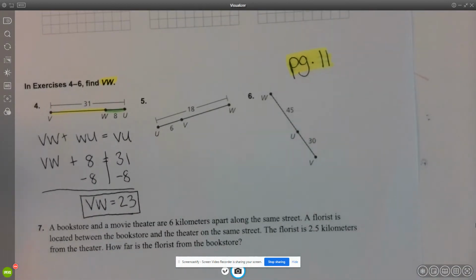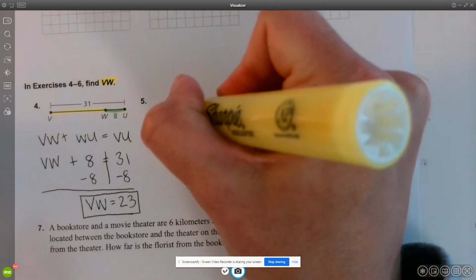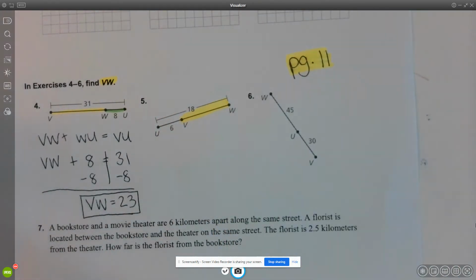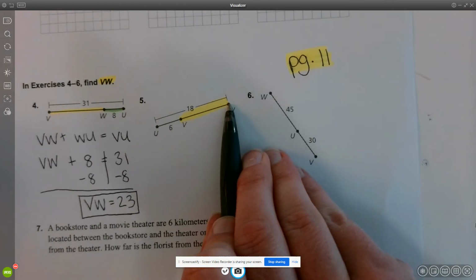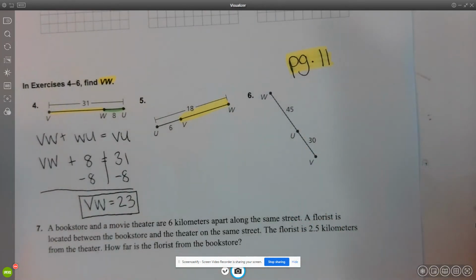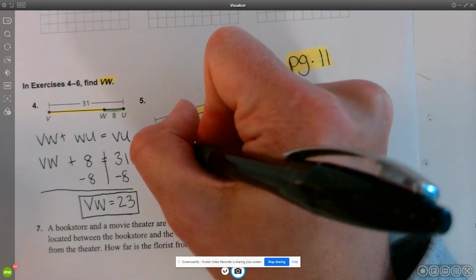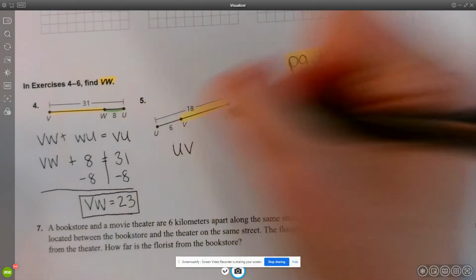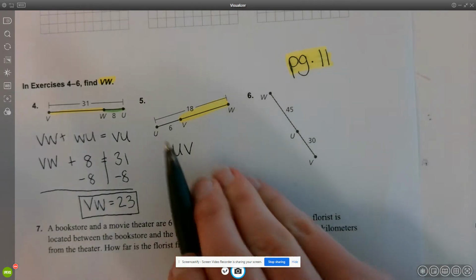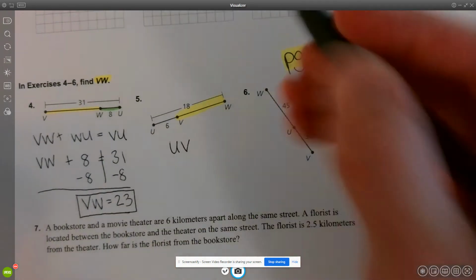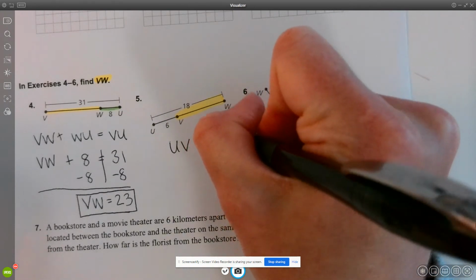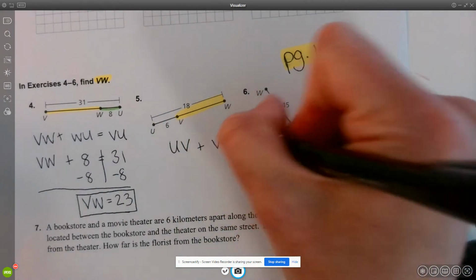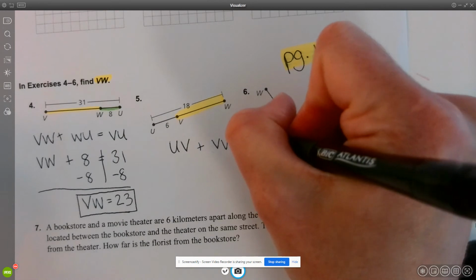In number 5, we're still trying to find the length of VW. This is another one where we know the length of one of the parts and we know the length of the whole. So this is going to be subtraction like it was last time. Again, I'm going to set it up as an equation so you can visualize the segment addition postulate. The part UV plus the line segment VW must equal the whole line segment UW.